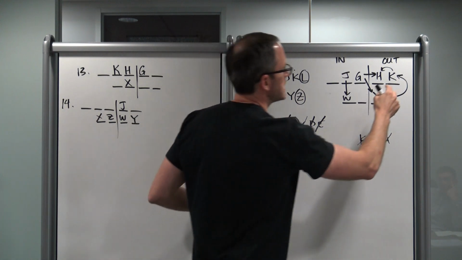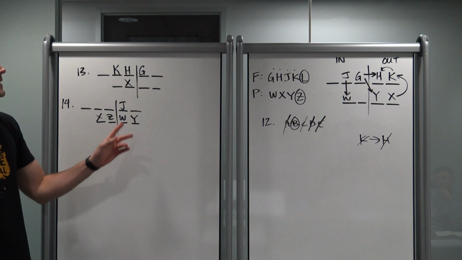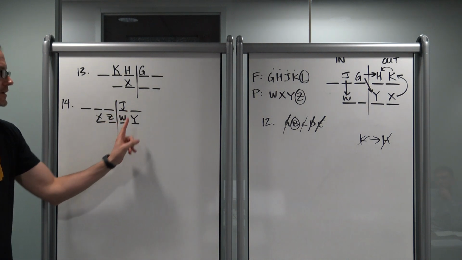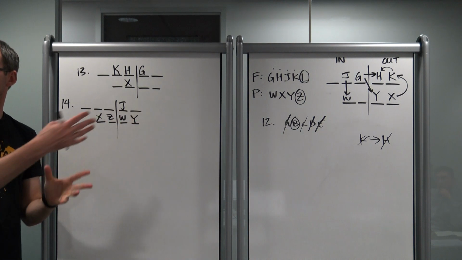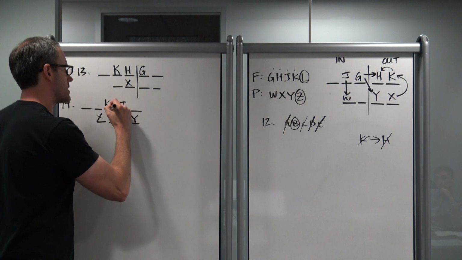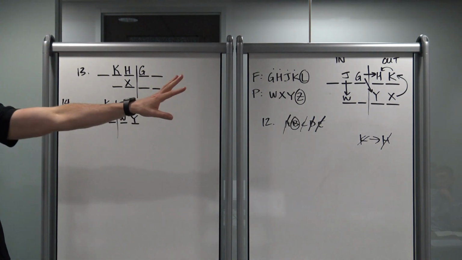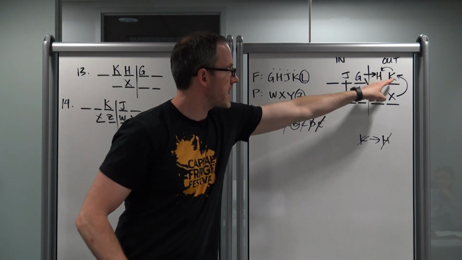Okay. So, anyways, this says if K is out, H is out, right? So for that reason, down here, can I put K here? No. Visually, that's not gonna fit. So then I have to put K over here, and now that K is over here, that rule dies. Okay. So we've taken care of that rule.